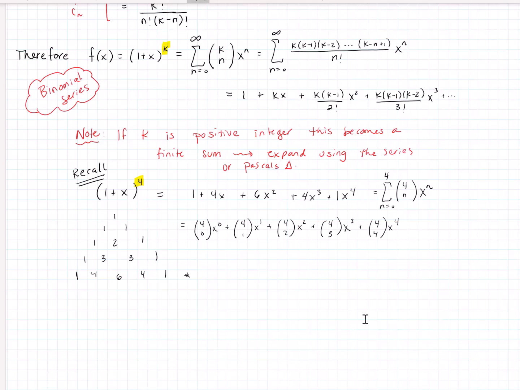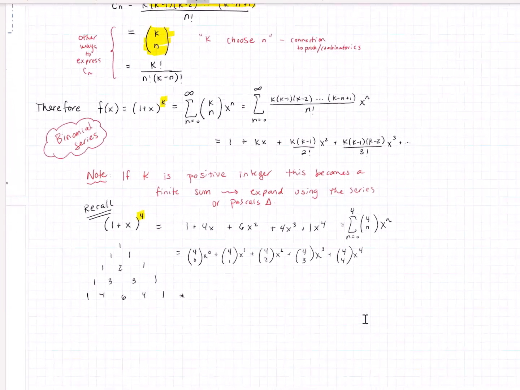So we'll be looking at expanding these in that way. But just as a note, we can use this as we have in the past with Pascal's triangle. It works out the same way.